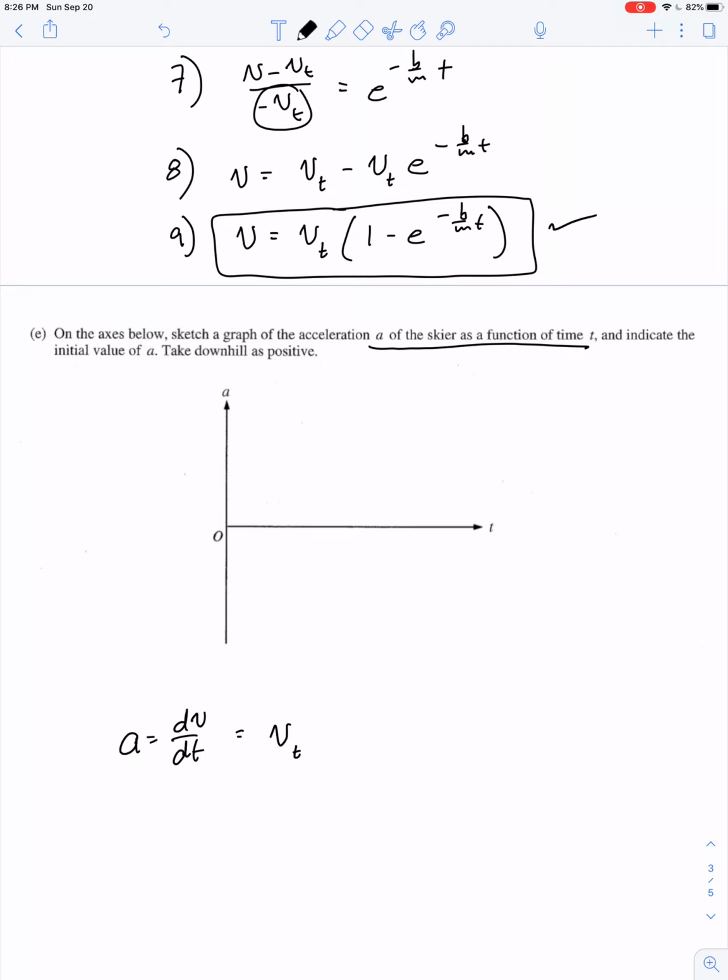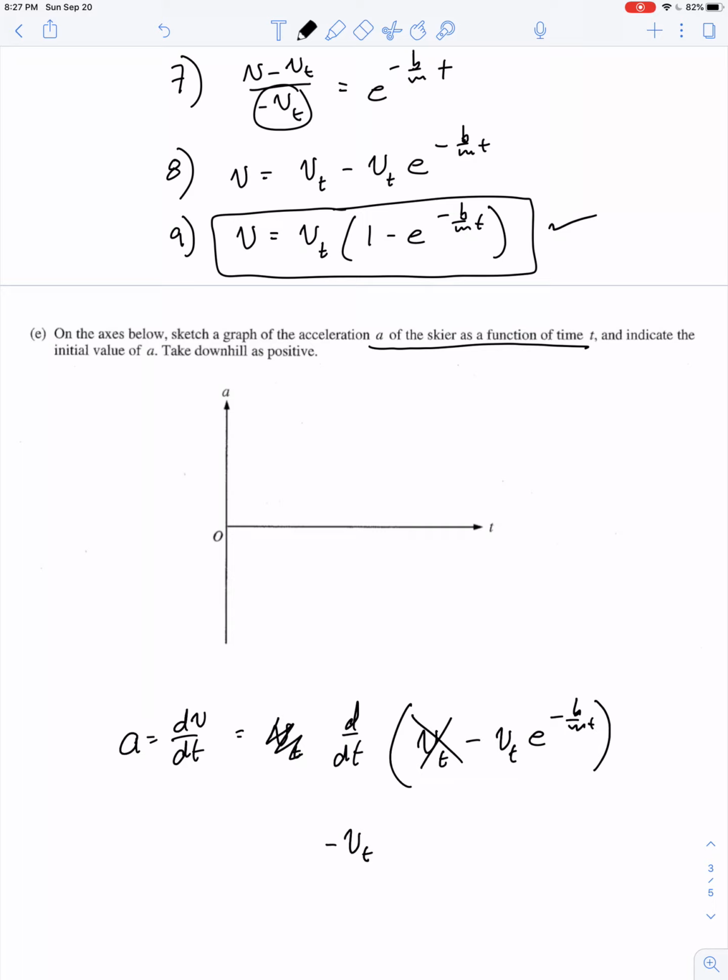It's d dt of v terminal minus v terminal e to the negative b over m t. Well, the derivative of the first part goes to 0. And then we get what?